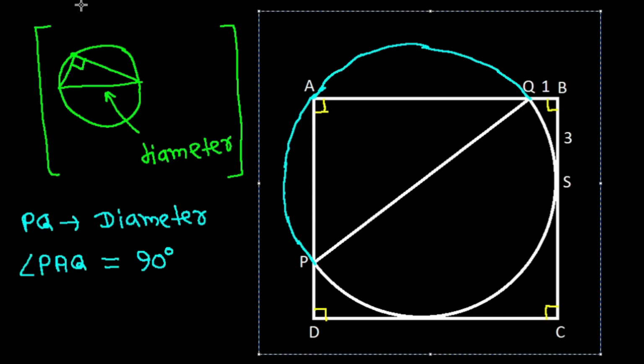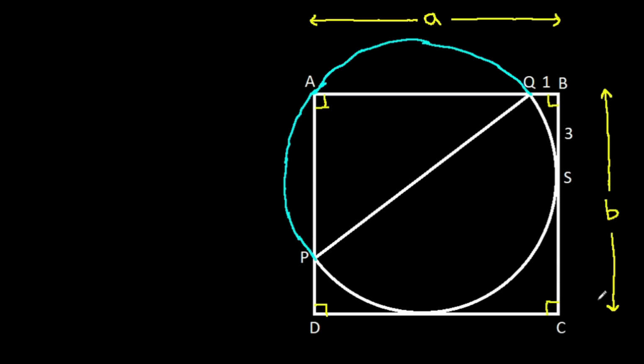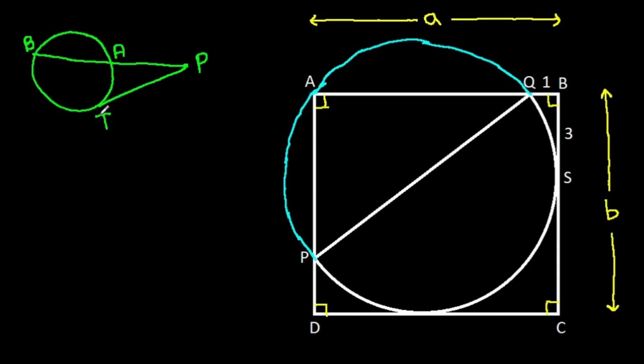Now suppose AB is A and BC is B. Then in any circle, from any point P, if AB is a chord and PT is tangent, then PA times PB is equal to PT square.